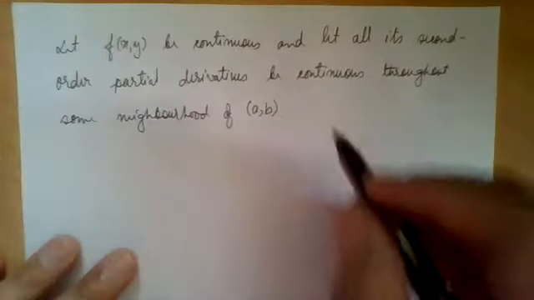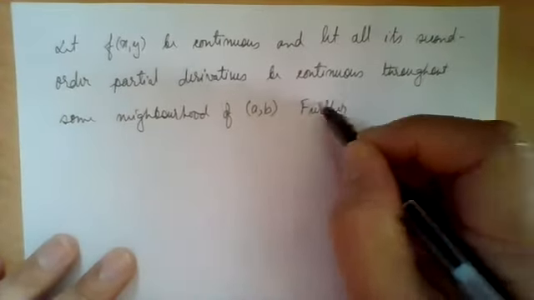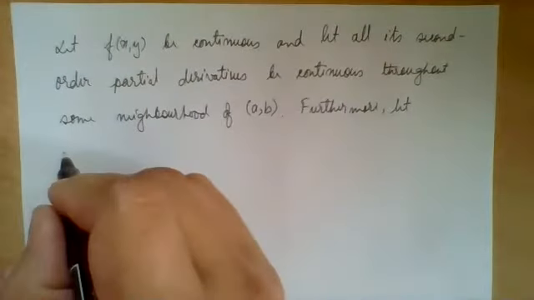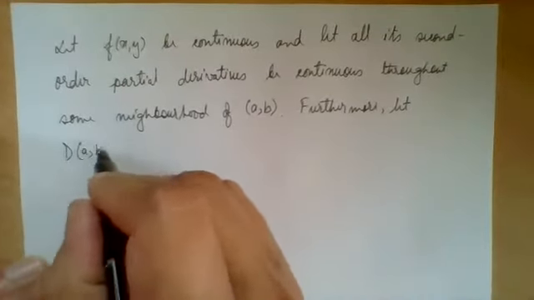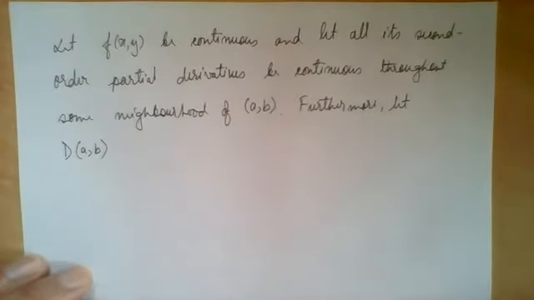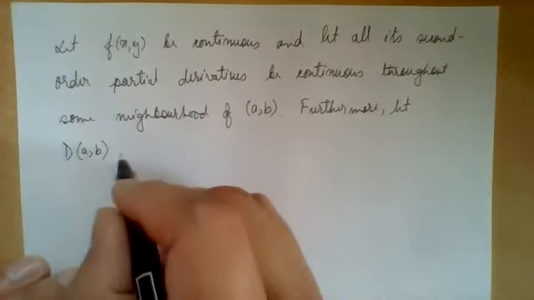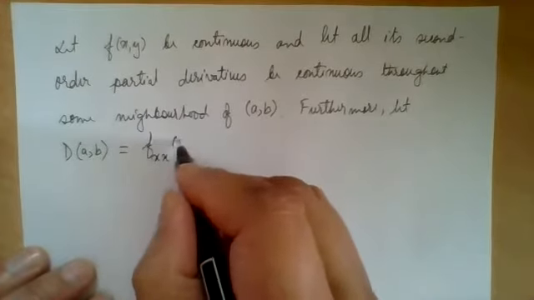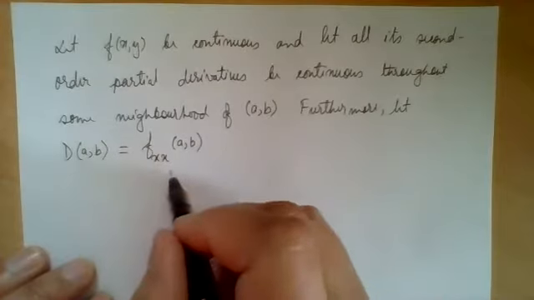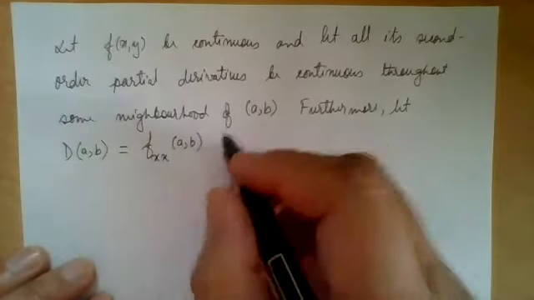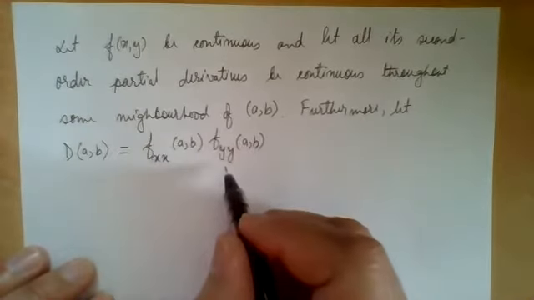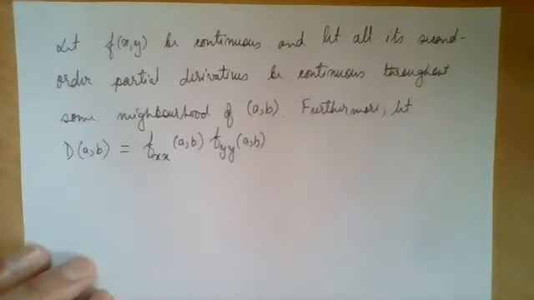Furthermore, let us define a quantity which is called capital D(a, b). D(a, b) is defined as the second order partial derivative with respect to x calculated at the point (a, b), or fxx, multiplied by fyy calculated at (a, b), the partial derivative with respect to y taken twice.